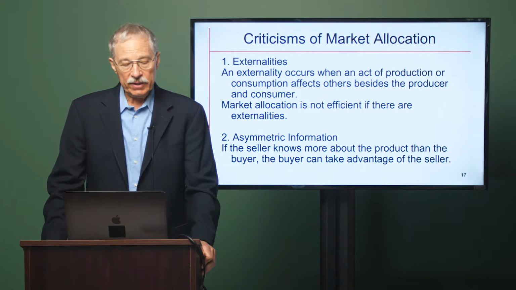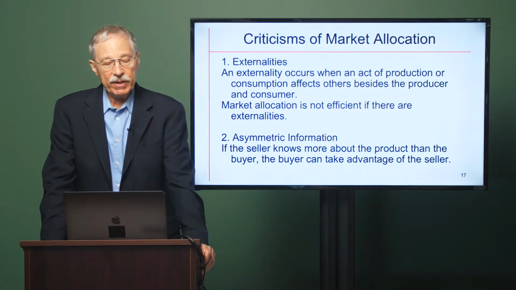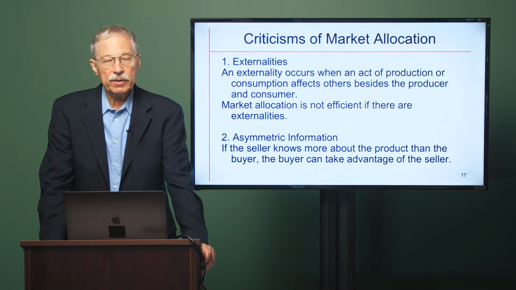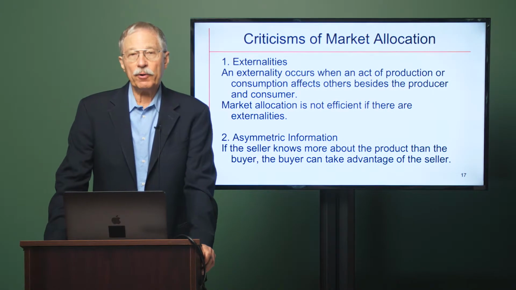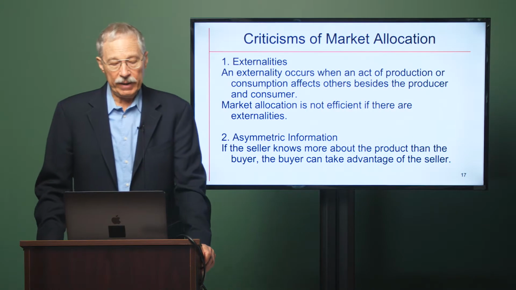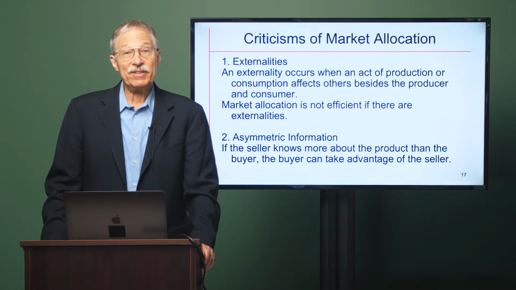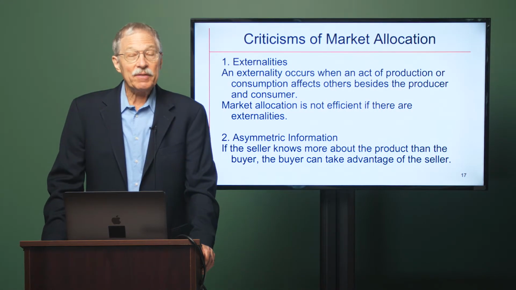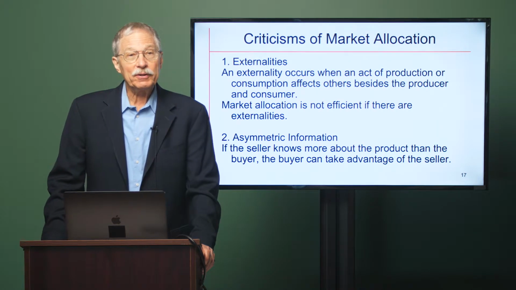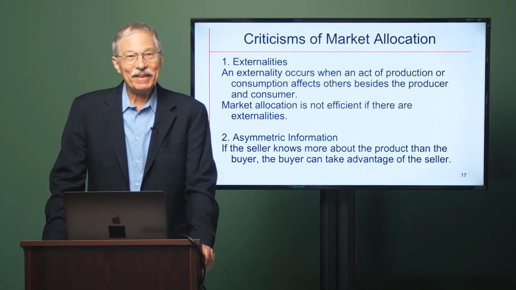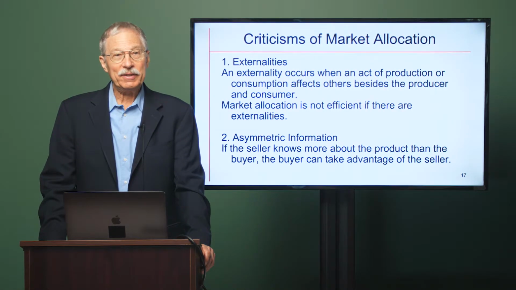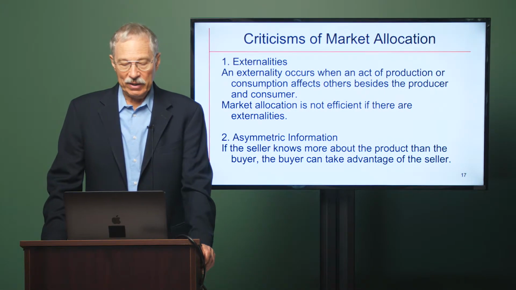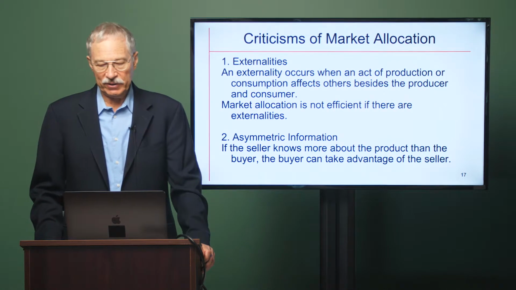Second is the problem of asymmetric information, which means some people have more than others. If a seller knows more about the product than the buyer, the seller can take advantage of the buyer. Everyone knows this. If you go to a used car dealer, you have to worry that the used car dealer really knows what condition that used car is in, and you have little chance of really knowing.